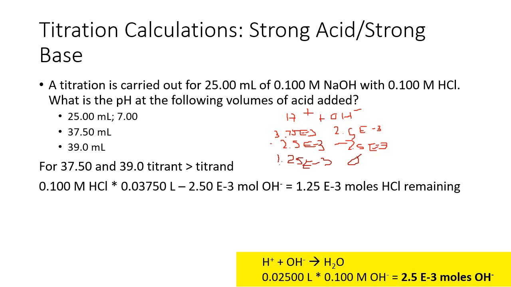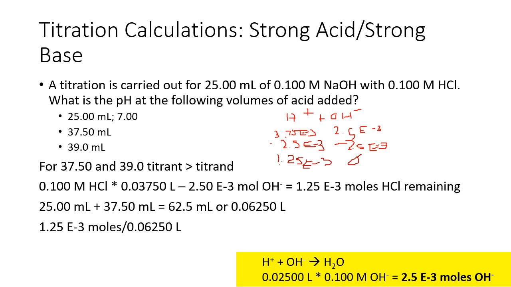So we have 25 plus 37.5, which gives us 62.5, or 0.0625 liters. We put our moles over our liters, and then we put it into this equation, because now we have a concentration of H+, we just need to do the negative log of the thing, and we get 1.699. All right, so let's try it again, but for 39 milliliters.